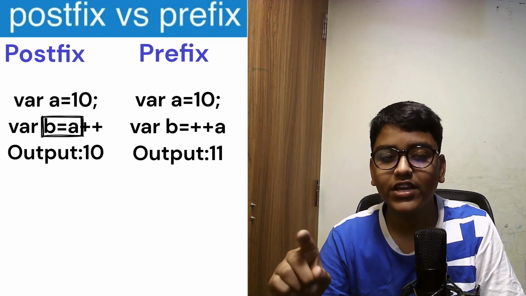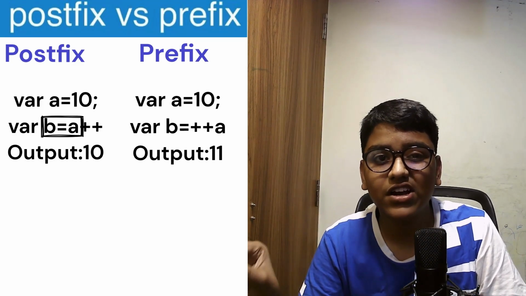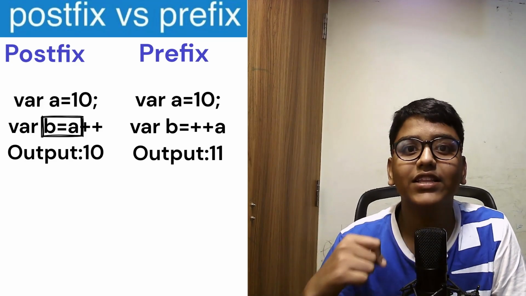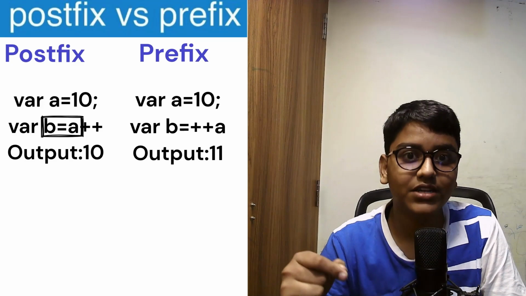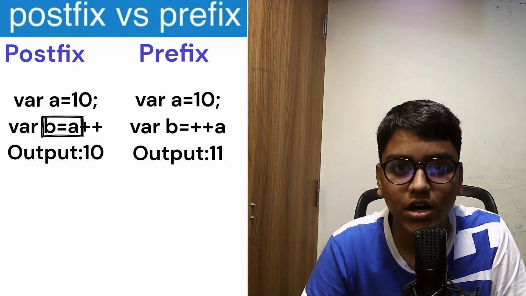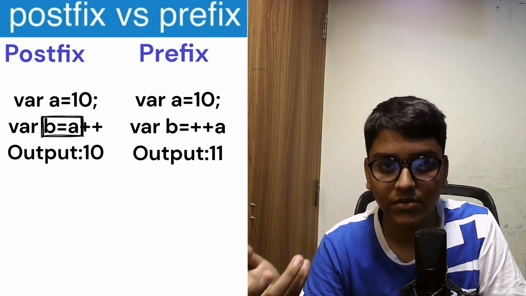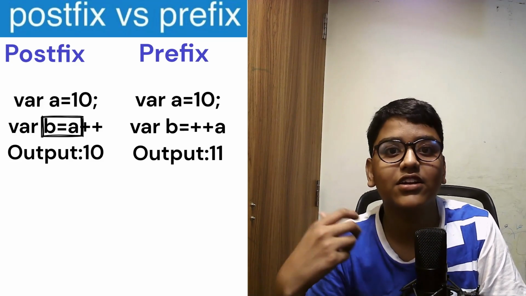Over here you can see that we are first assigning the value of A into the variable B, then we are incrementing it. But in prefix, first it will be incremented, then whatever expression you have provided will be performed.